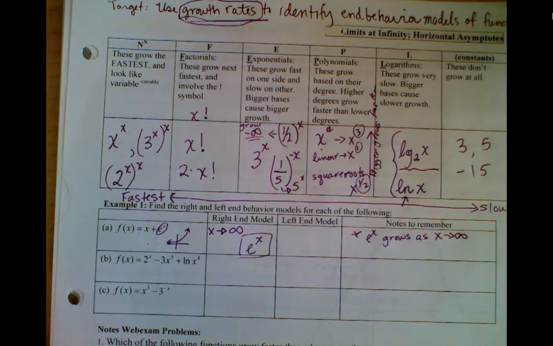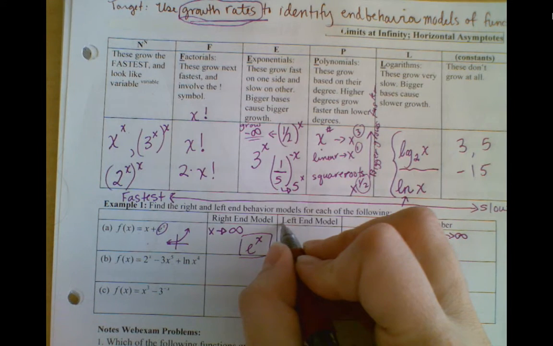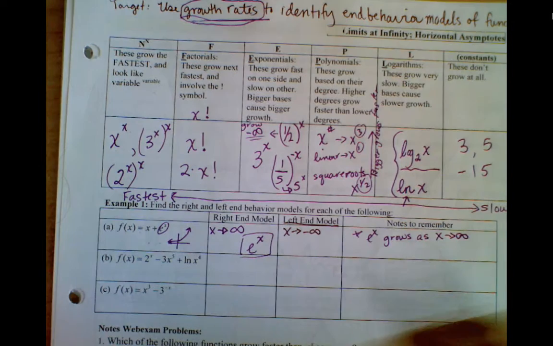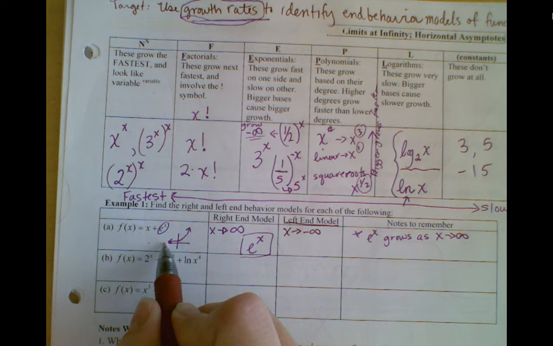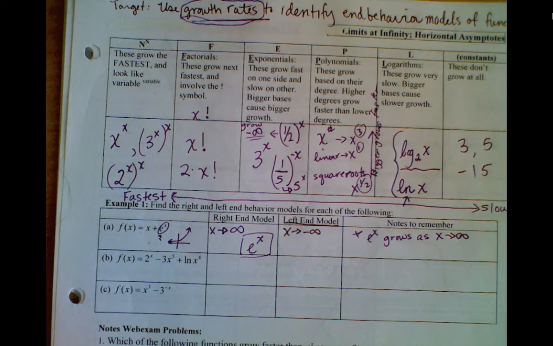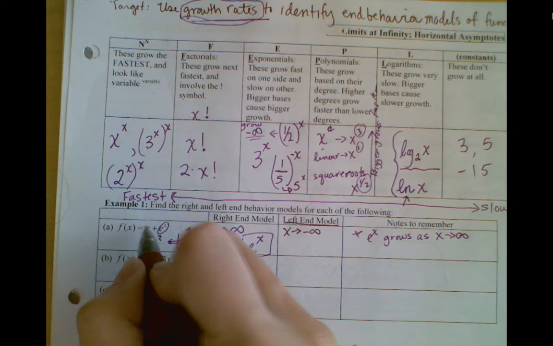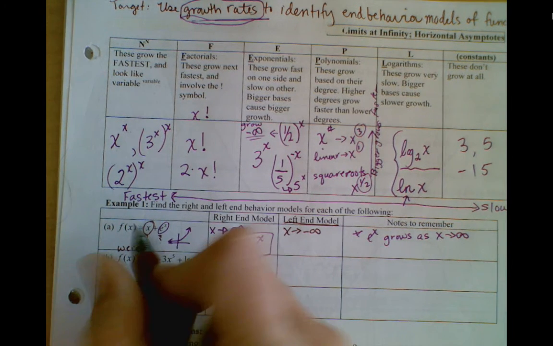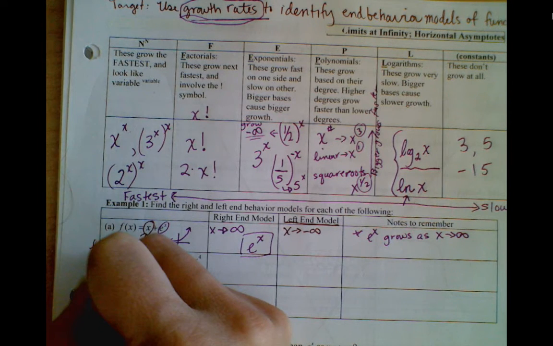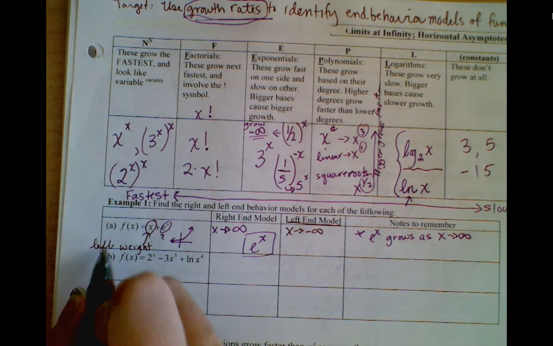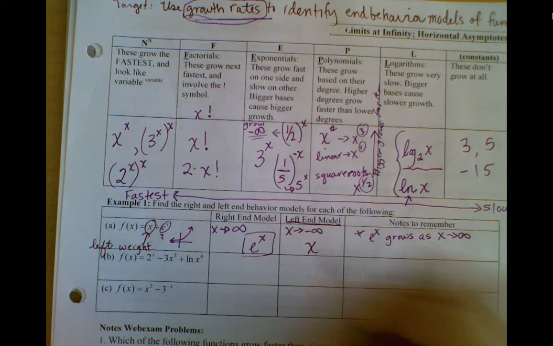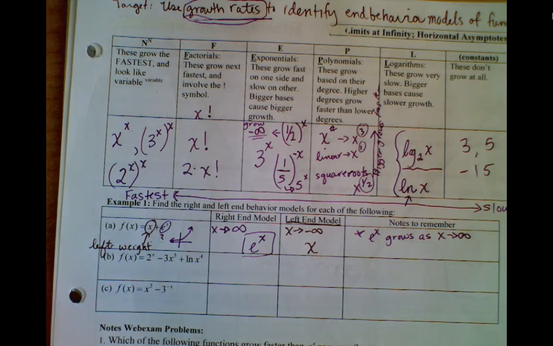The left end, which means x is approaching negative infinity, well, this guy's getting closer and closer to 0 as you go to negative infinity, so he becomes basically a non-entity. That means that this guy has all the weight on the left. So we're going to be looking at a function that looks almost exactly like y equals x on the left.